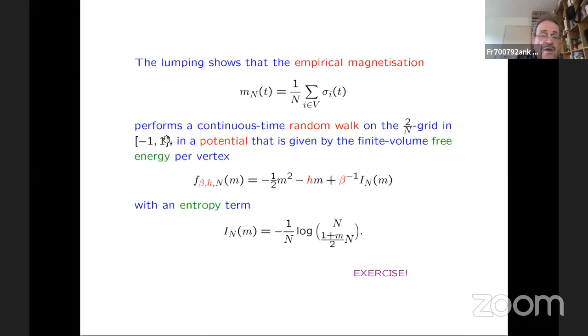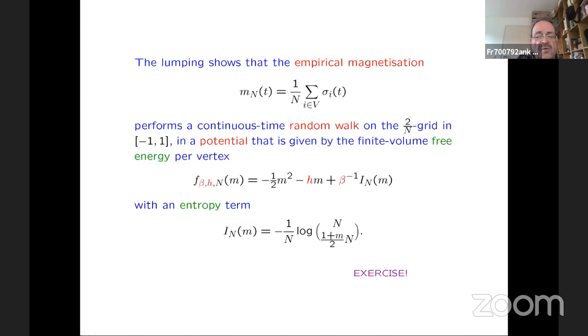And if you look at what your dynamics is really doing, your spin-flip dynamics with the Metropolis rates for the Ising spin Hamiltonian on the complete graph, then it turns out that this quantity over time is actually evolving as a continuous time random walk that moves on a very fine grid in this interval, and that is behaving as if it's in a potential.